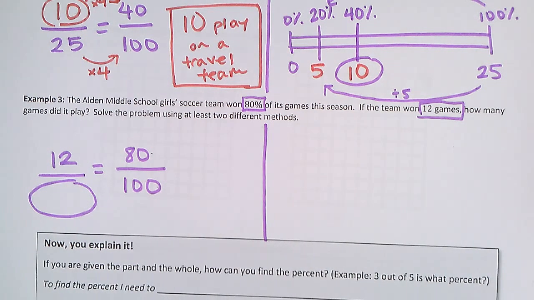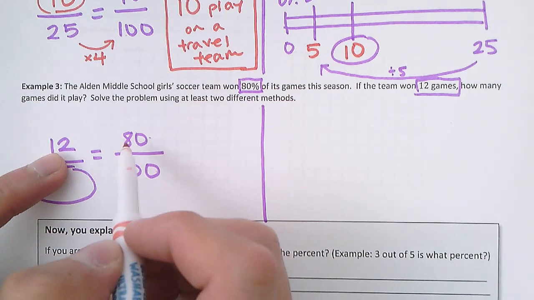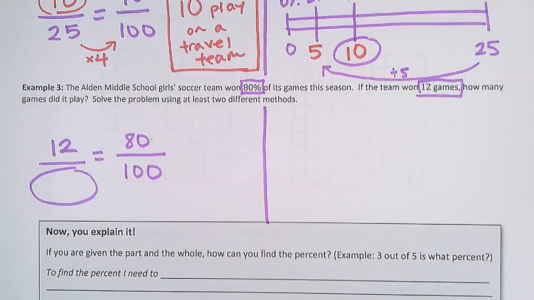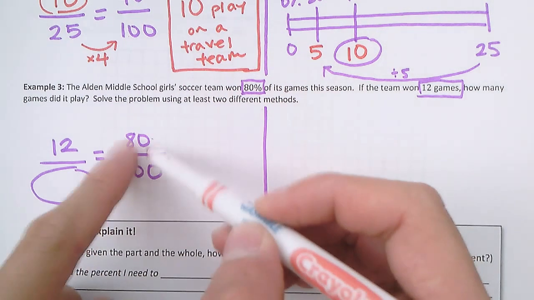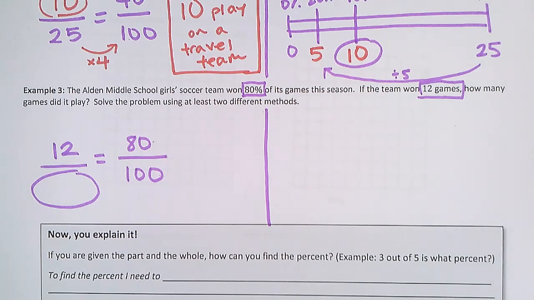Now this one gets a little bit tricky, because I think to myself, 12 and 80, can I easily multiply 12 to get to 80? In this case, I can't. So what I have to do is look at this fraction right here and see if I can simplify this fraction to its lowest terms.